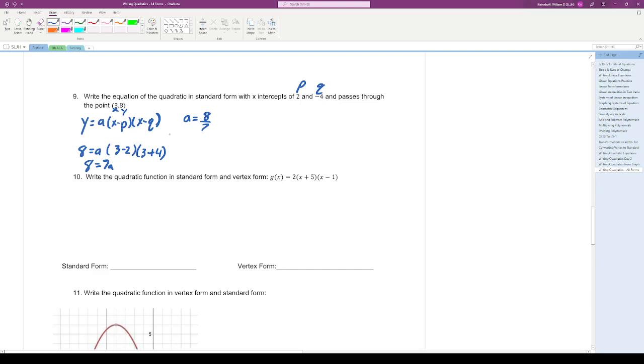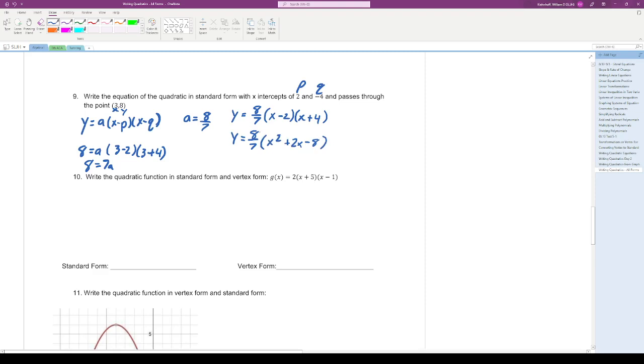So then we can write our intercept form as y equals 8/7 times x minus 2 times x plus 4. We can distribute these or do the area model, and then we'll get y equals 8/7 times x squared minus 2x plus 4x, so plus 2x minus 8.